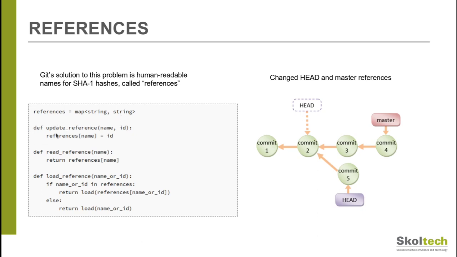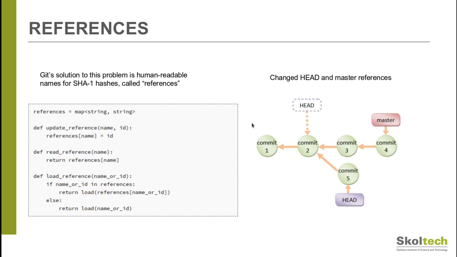We can define a function update reference, which takes a human-readable name and hash and stores it in the references. We can define a function read reference, which returns a hash ID for a given name from the storage. We can define a load reference function that accepts either a name or ID and returns an object from the storage of objects.